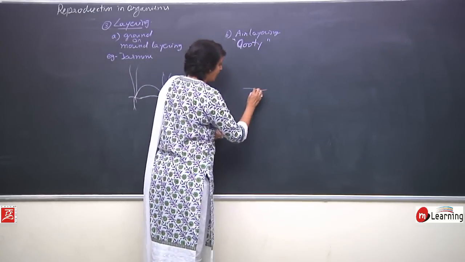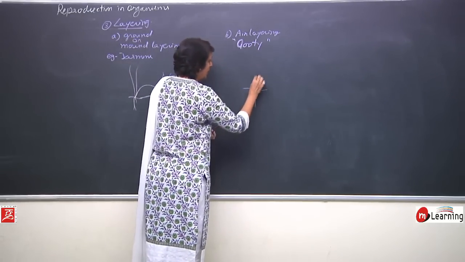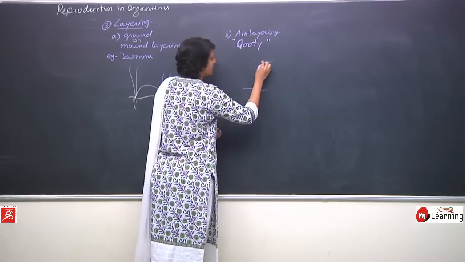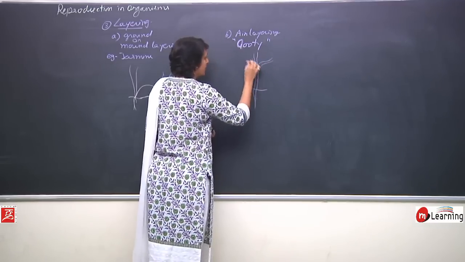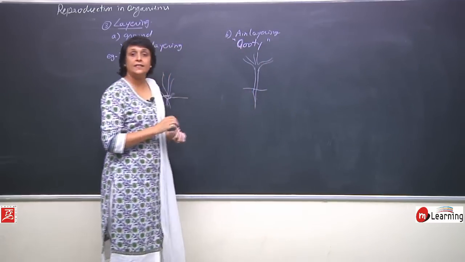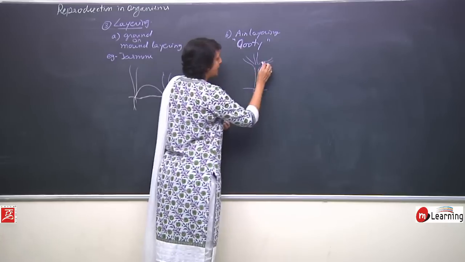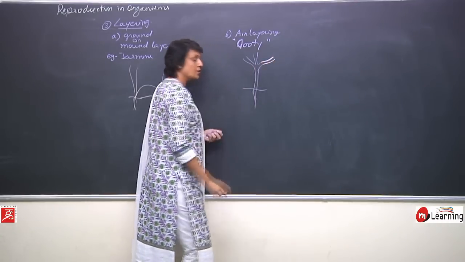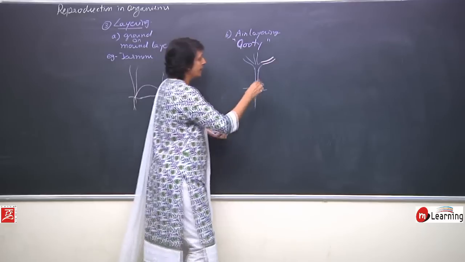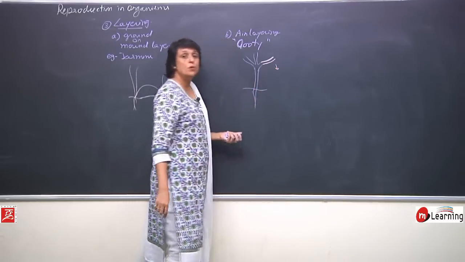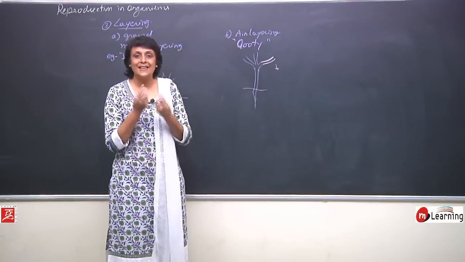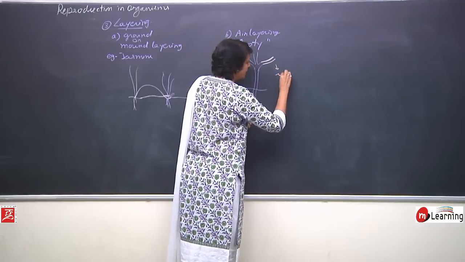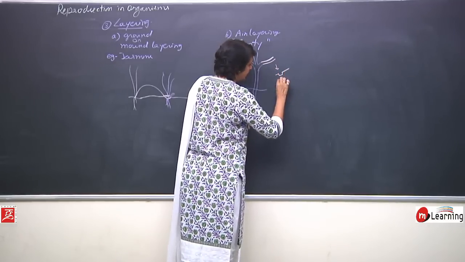So we select a plant, it has its woody trunk and branches. We select a healthy branch, and on this healthy branch, suppose this is the branch which we have selected, we are going to remove the outer dead material. After removal of the dead material, the branch is going to look like this.